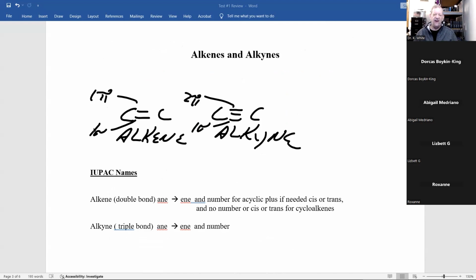As you see later on, I can break pi bonds like that. Sigma, you don't. In fact, single bonds, sigma bonds, you almost never break except in combustion, which we just showed in another reaction, which I don't teach in this class. Now, an alkyne is a triple bond. And a triple bond, you should know, has two pi bonds and one sigma bond.